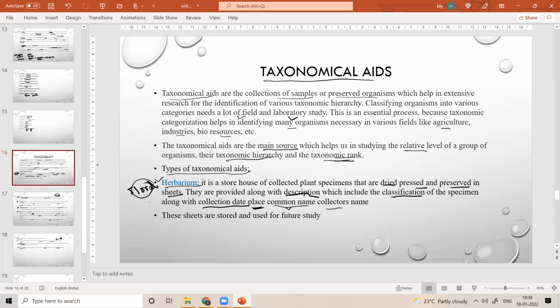And herbarium, as we already discussed, includes the plants that are stuck onto herbarium sheets, on which a brief description is available, which includes the classification of the specimen, the collection date, maybe the place, and the common name, so that we can relate it to similar species.